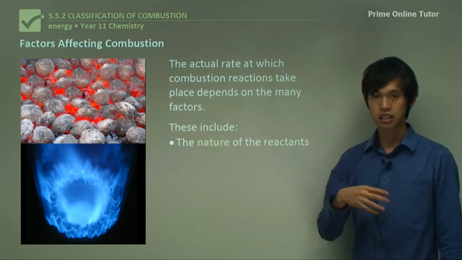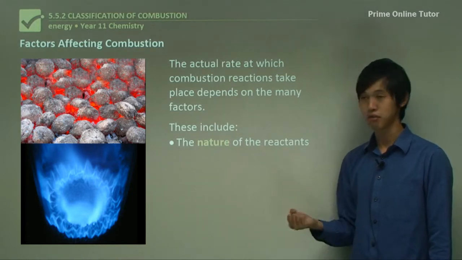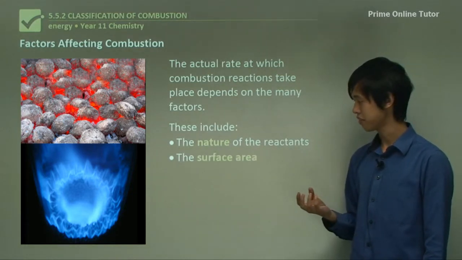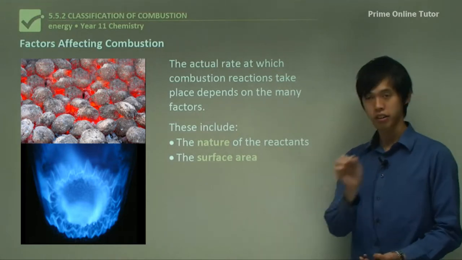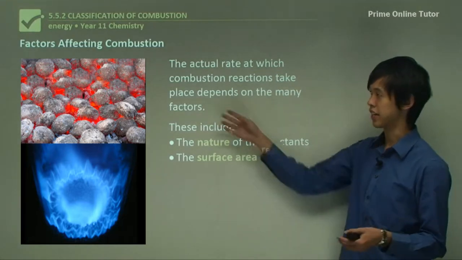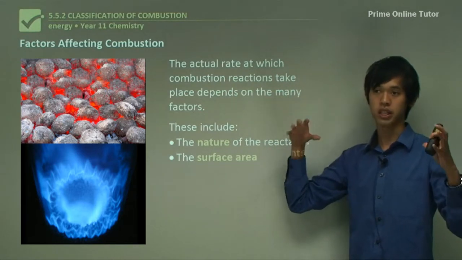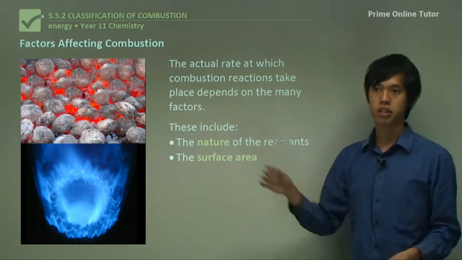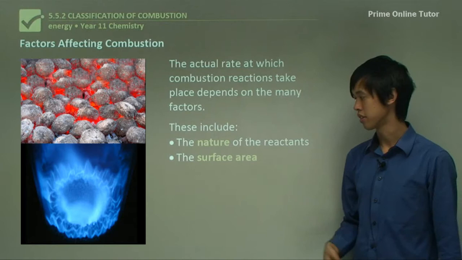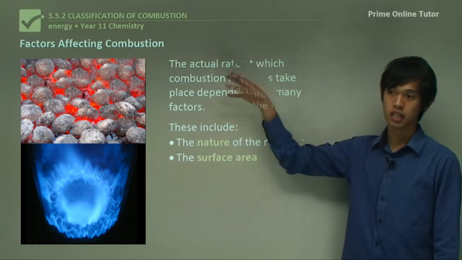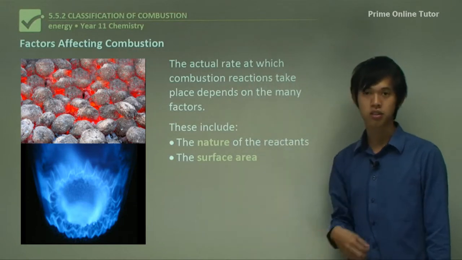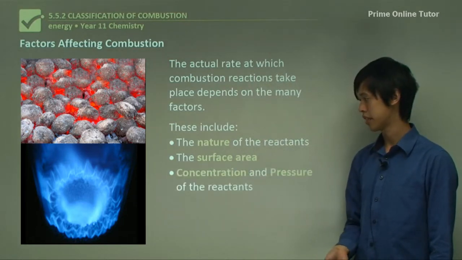The different factors include the nature of the reactants, so what the reactants actually are, and how much surface area is exposed. A droplet of fuel has much more surface area per volume than this big lump of coal, so that's a big factor. For the biology kids, that should be very familiar: the surface area to volume ratio.